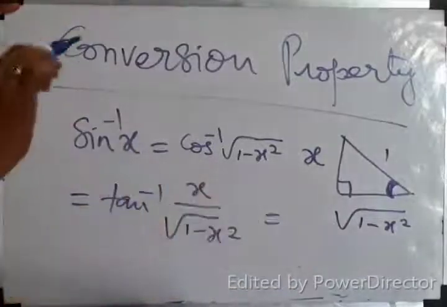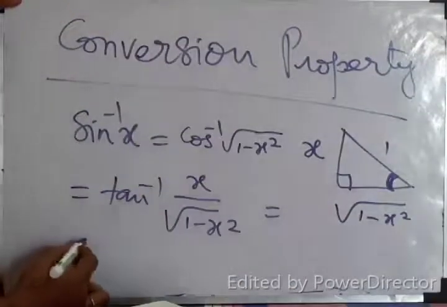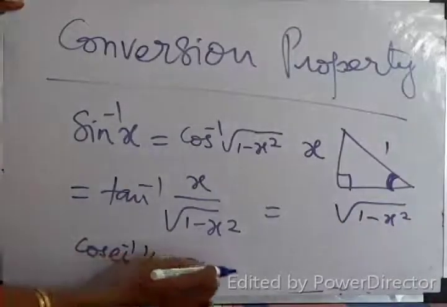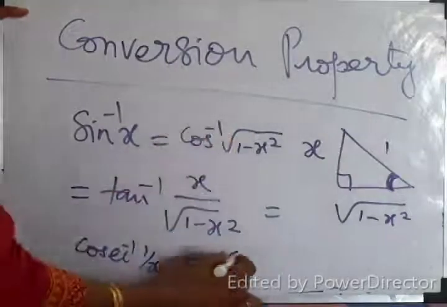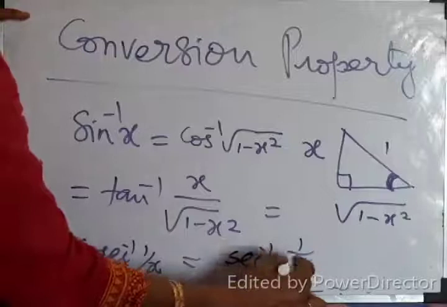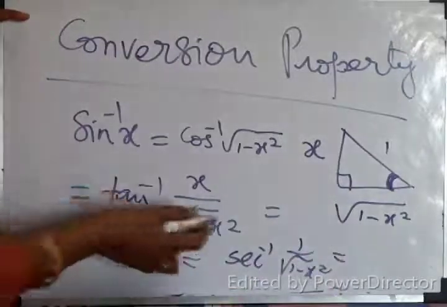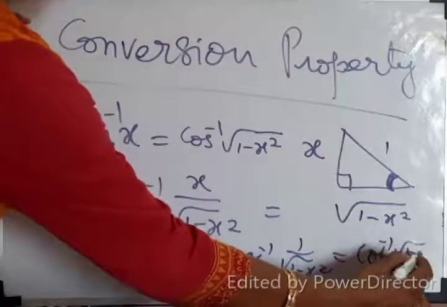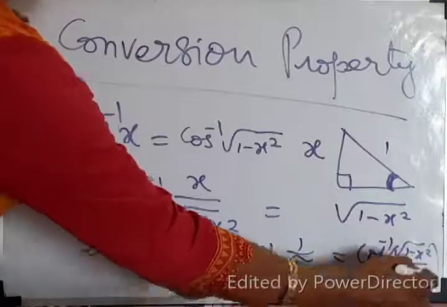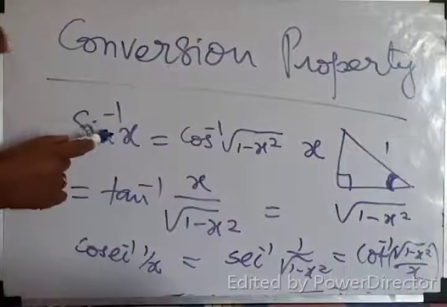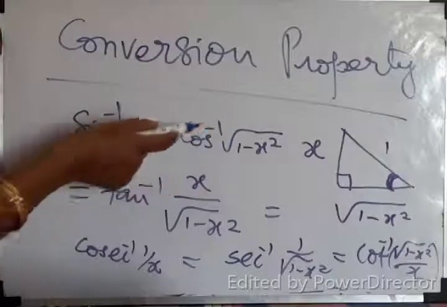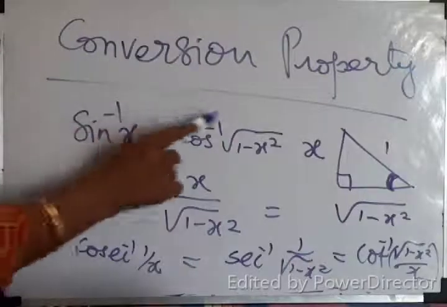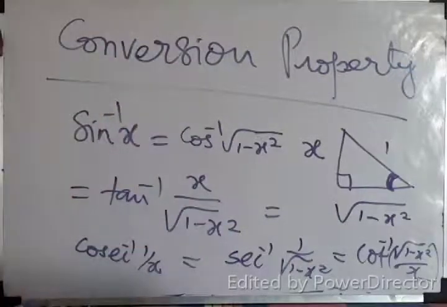Which is equal to cosecant inverse 1 by x, which is equal to secant inverse 1 by root of 1 minus x square, which is equal to cot inverse root of 1 minus x squared by x. All are one and the same. So when one data is given, you can find the rest of the data very quickly.